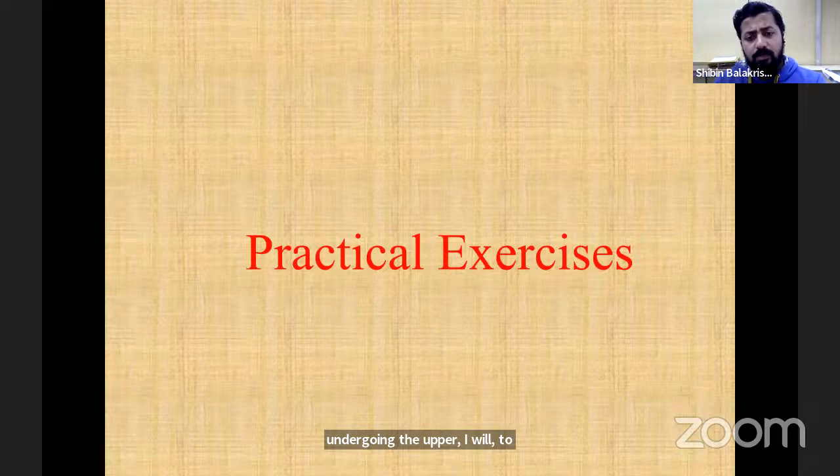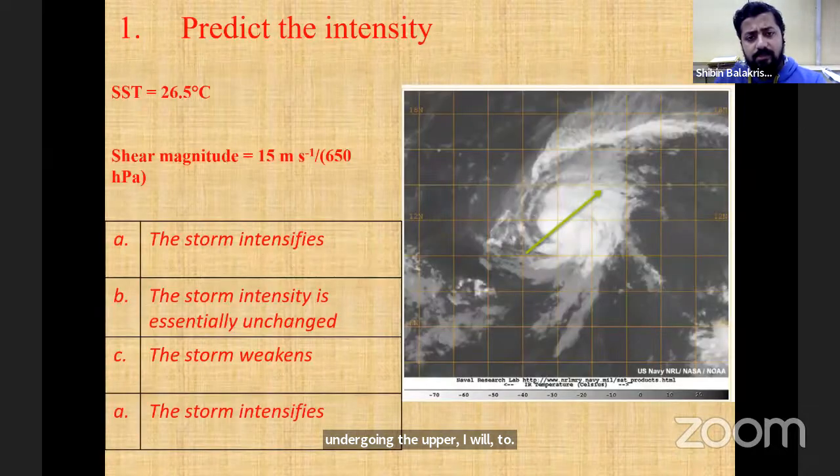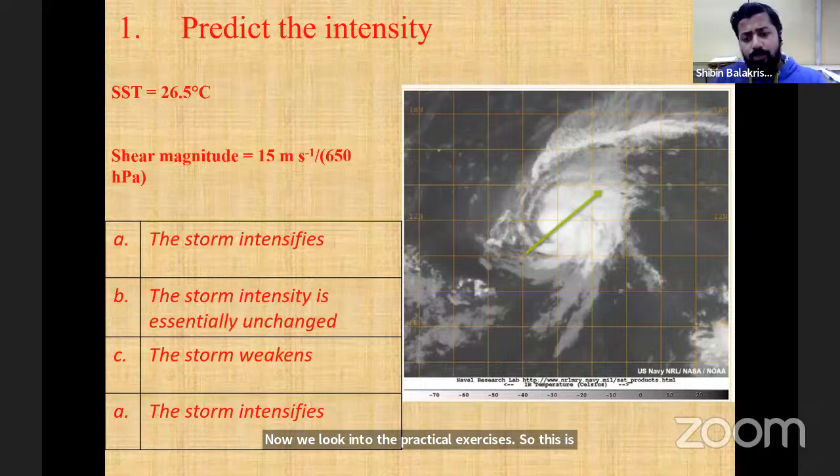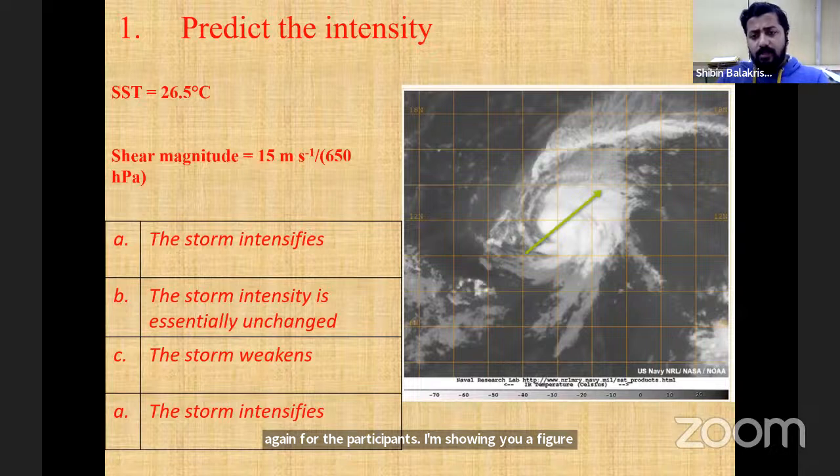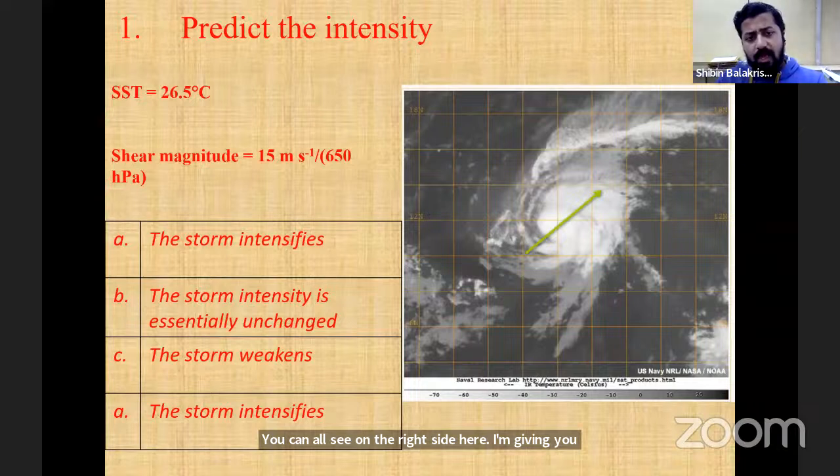Now we look into the practical exercises. This is again for the participants. I am showing you a figure here. You can all see on the right side. I am giving you the SST values here. SST is, let us say, 26.5 degrees Celsius, and the shear magnitude. I had discussed the impacts of shear on the intensity of a tropical cyclone.